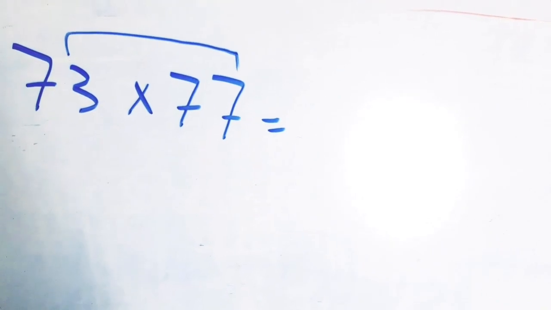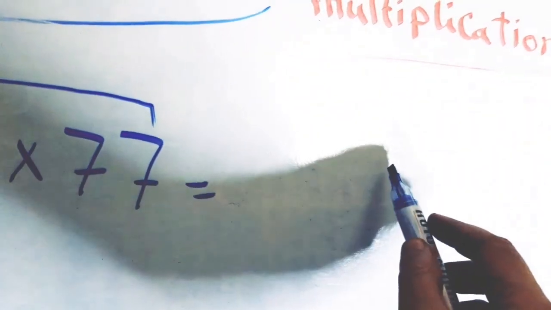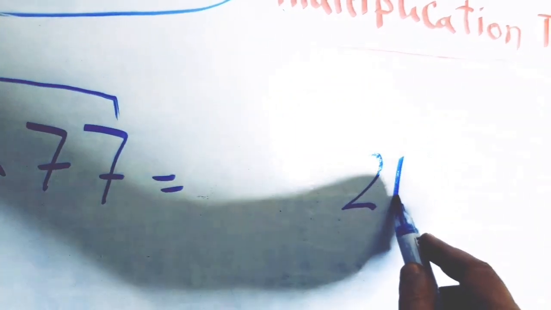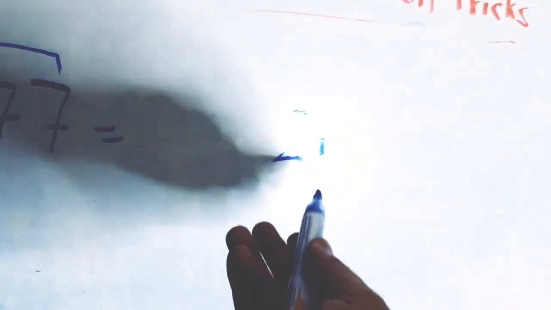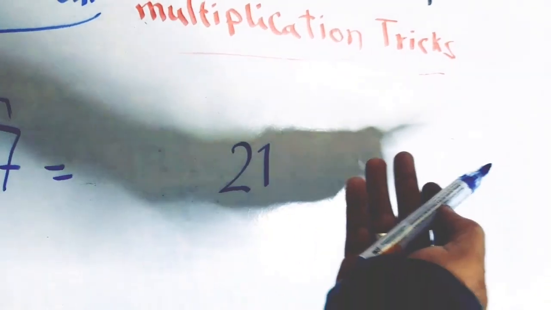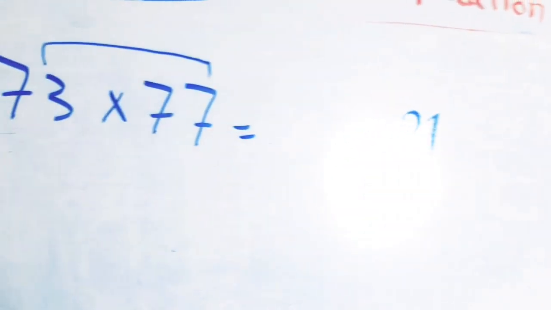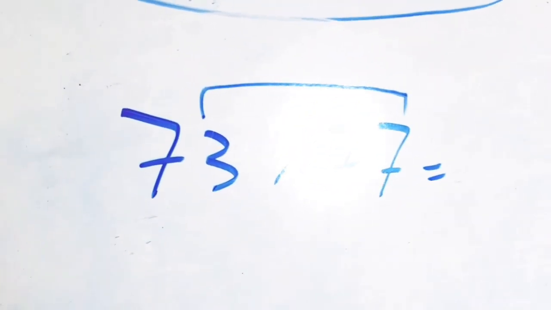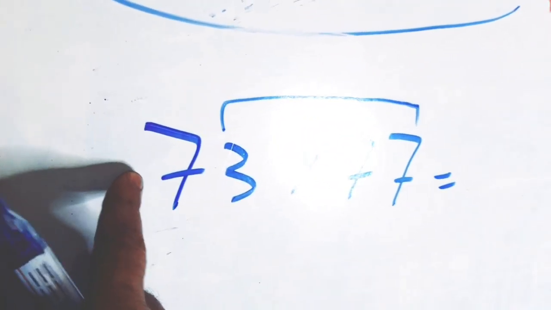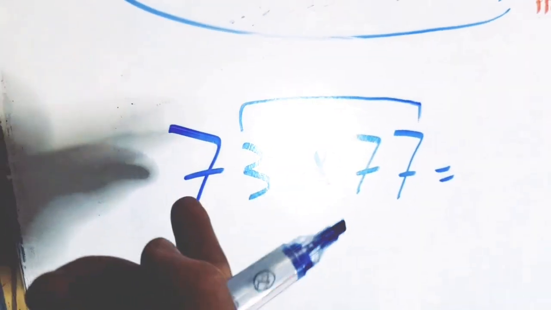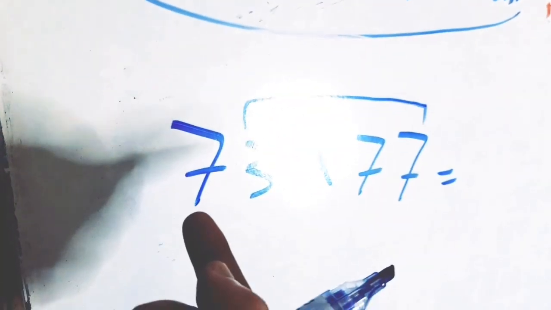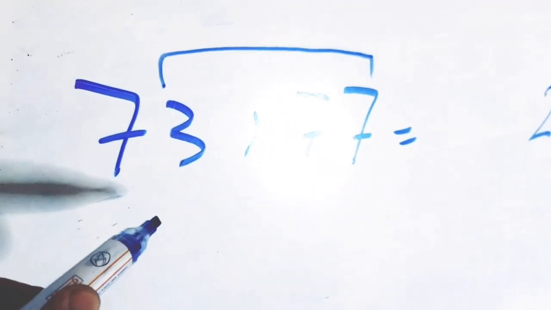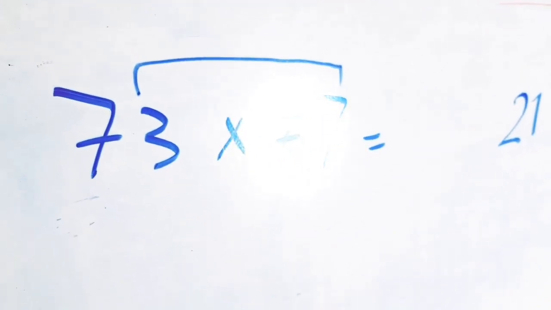3 multiplied by 7 equals 21. We write it from the right side. After that, we look at the tens place. We look for the number which comes after 7.